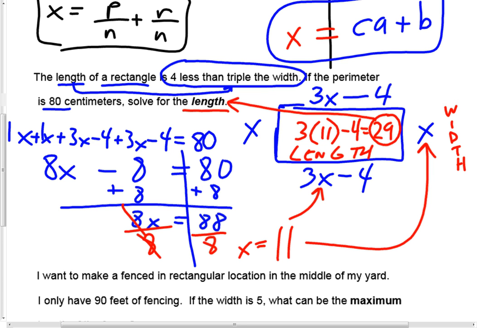None of this is difficult. What's difficult is putting it all together. Making a diagram. Writing down 3x minus 4 based on this. Knowing that since it's perimeter, we add it all up. Then once you get your answer, knowing that that's not actually the answer that they want.